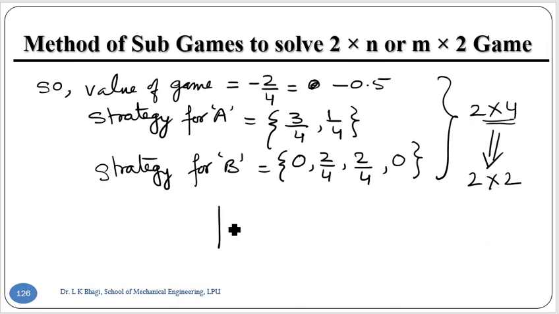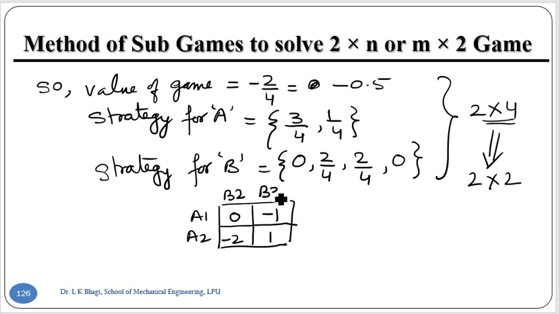And the payoff matrix we are going to consider over here is 0, minus 1 and minus 2, 1. This is A1, this is A2, and over here it is B2, B3.